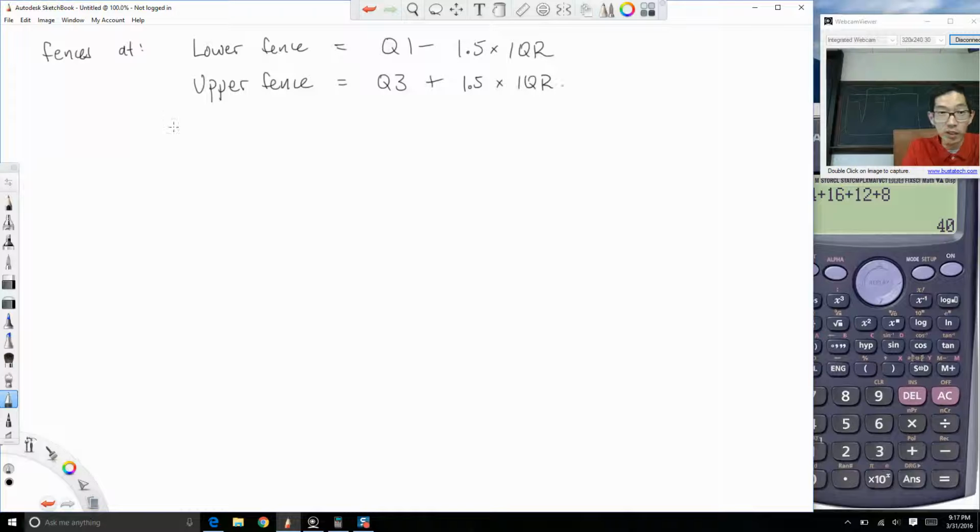Okay? The IQR is just the difference between Q3 minus Q1. This is called the interquartile range. You can think of it as the width of the box.